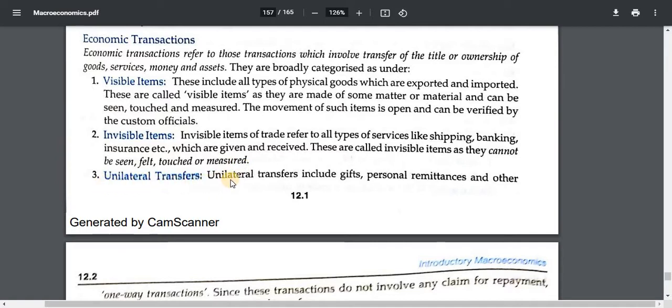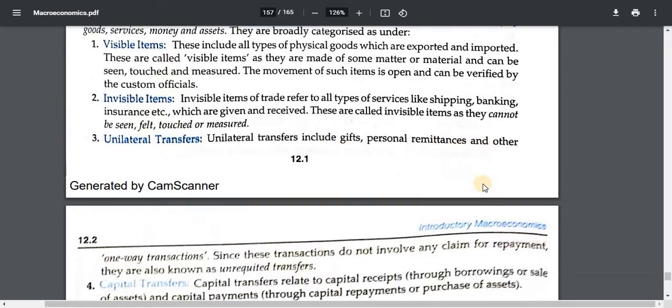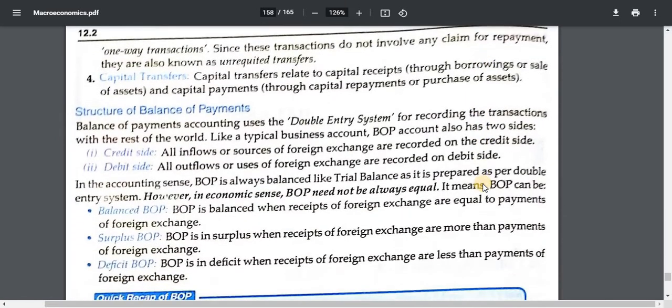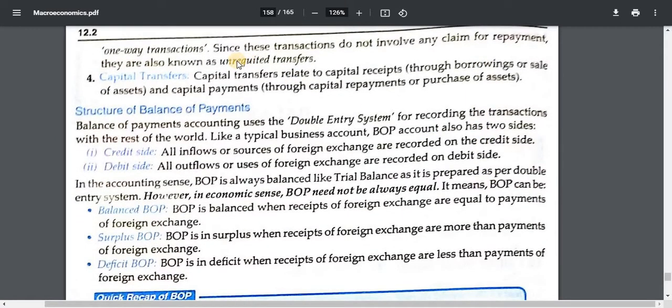Unilateral transfers. Unilateral transfers include gifts, personal remittances and other one-way transactions. Since these transactions do not involve any claim for repayment, they are also known as unrequited transfers.